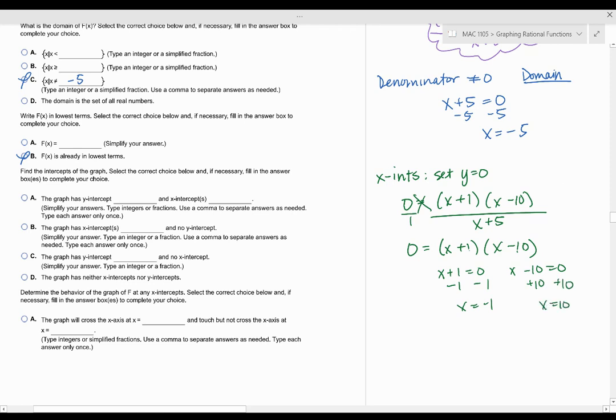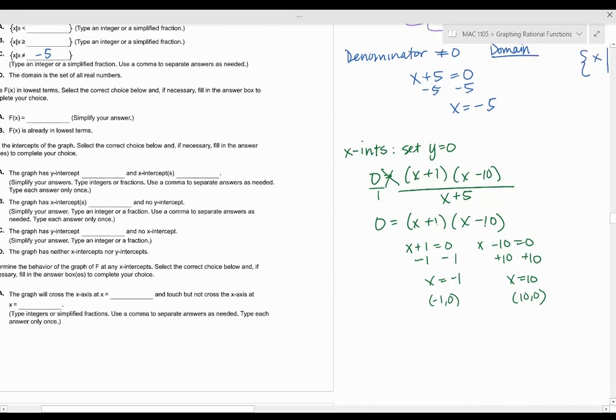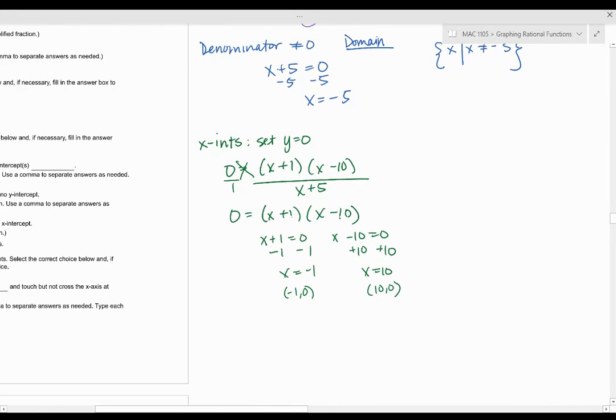All right, so I have two x-intercepts, negative 1 and 10. So as coordinates, that would be negative 1, 0, 10, 0. All right, and I also have to find my y-intercepts. So to find y-intercepts, you set x equal to 0.